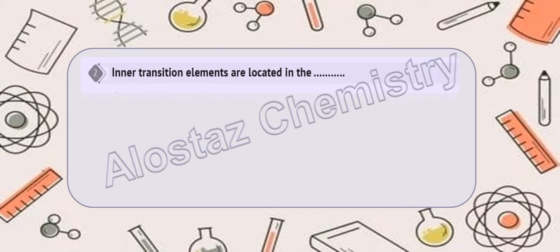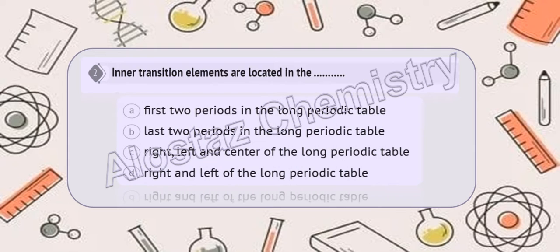Question number 2 says that inner transition elements are located in the. We have choices here: first two periods in the long periodic table, last two periods in the long periodic table, right, left and center of the long periodic table, and right and left of the long periodic table.